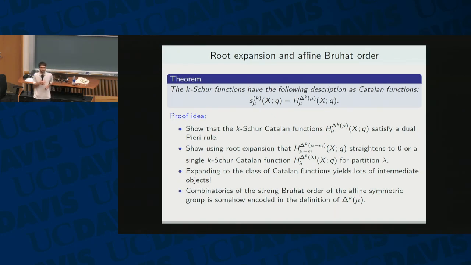Okay, so again, all the intermediate objects here really help with proving things by induction. And another cool thing here is that if you didn't know about Bruhat order of the affine symmetric group when you started this, working with the combinatorics of the root expansion here kind of forces you to rediscover that. They somehow miraculously line up exactly like they need to.